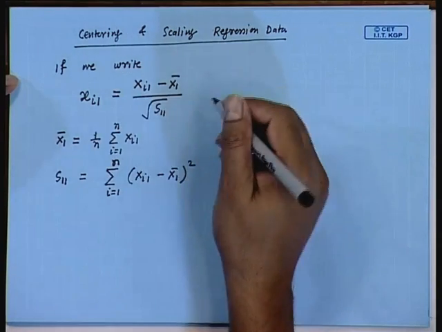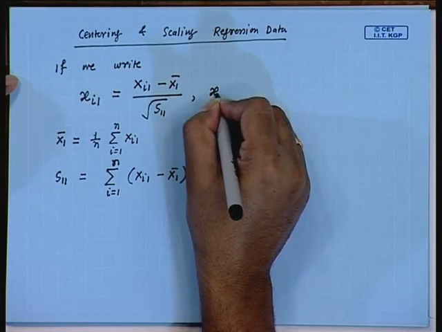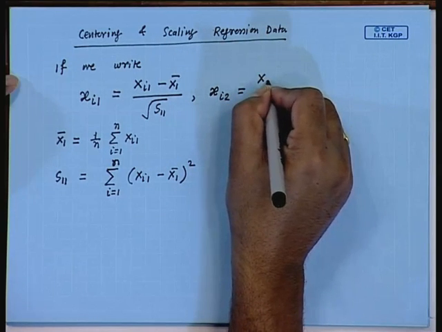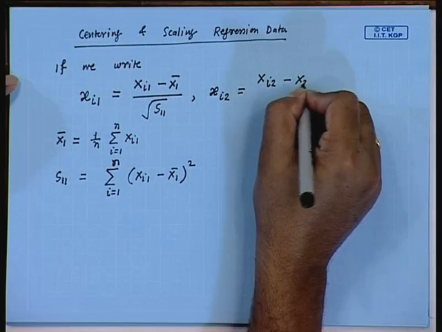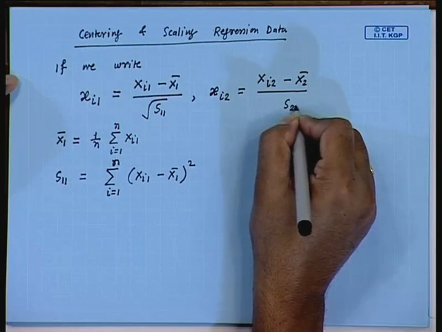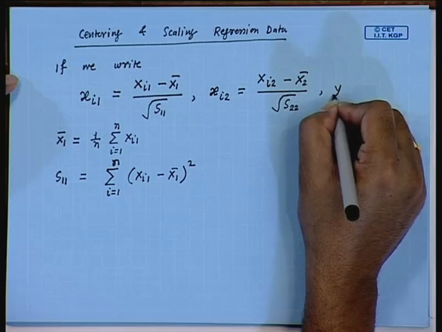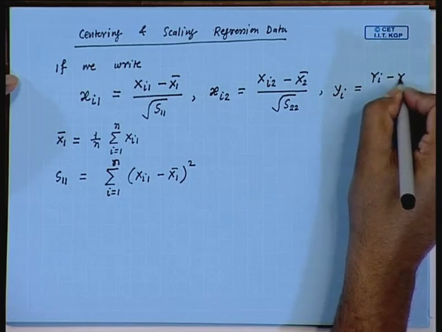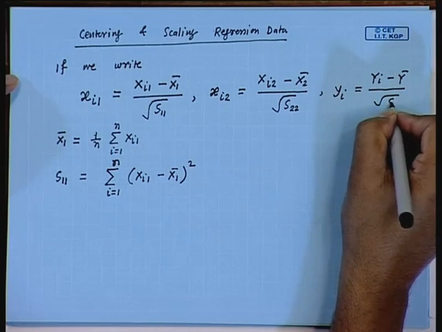Okay, so well, let me write also, say small xi2 equal to capital Xi2 minus x2 bar by square root of S22, and yi small yi is equal to capital Yi minus y bar by root SYY.